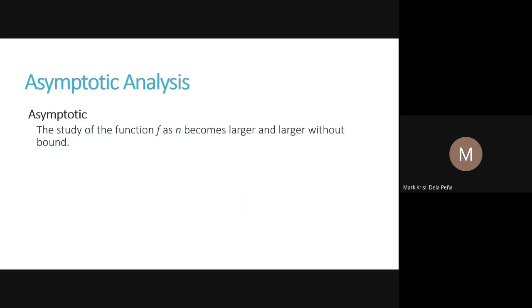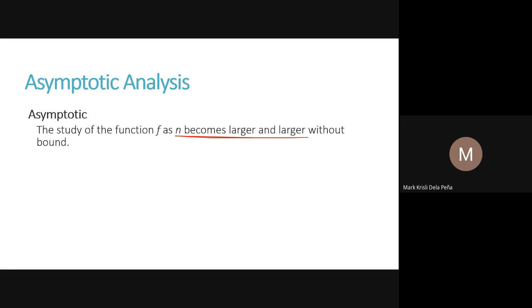So asymptotic analysis deals with n as it becomes larger and larger, meaning as n increases infinitely. Not to the extent of infinity, but almost there, as the value of n grows larger.